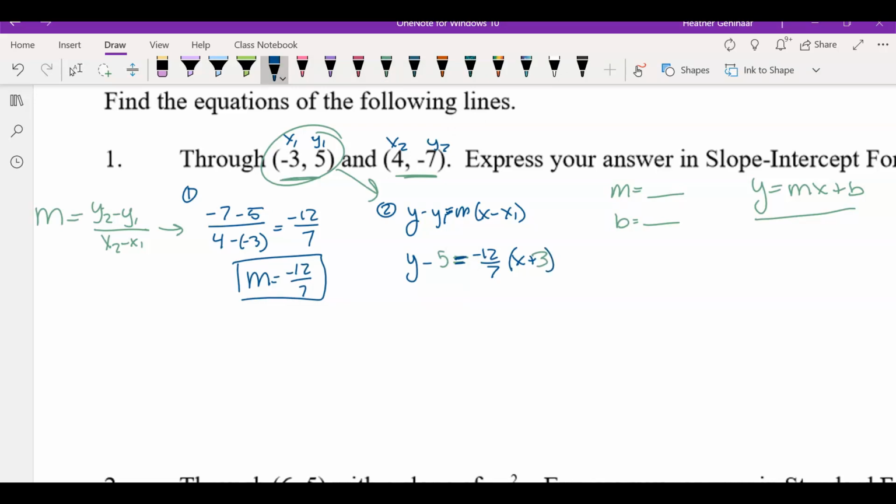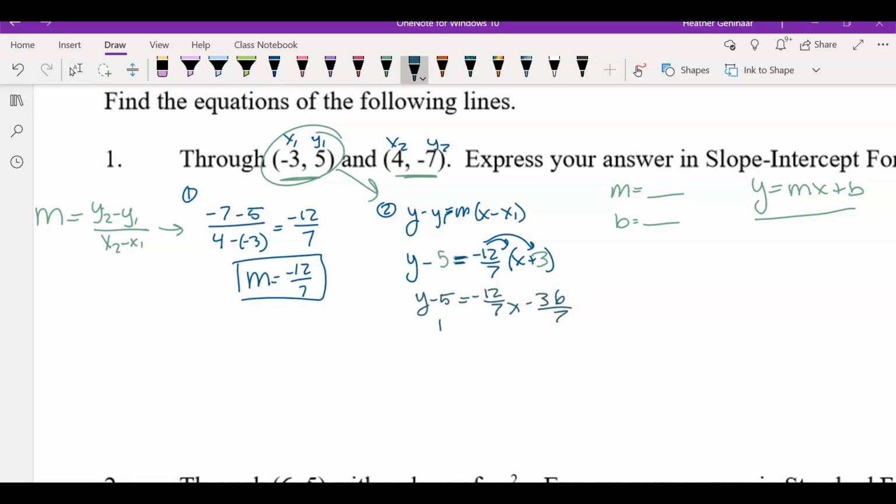All right, so then from here, I'm going to distribute this. So we will get y minus 5 equals -12 over 7x, and that's going to become a plus 12 times 3 is 36. Actually, that's a -36 over 7.